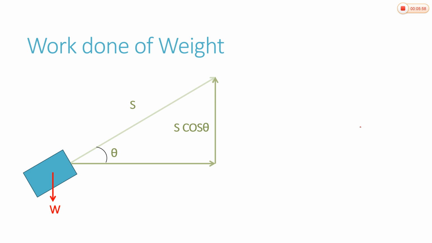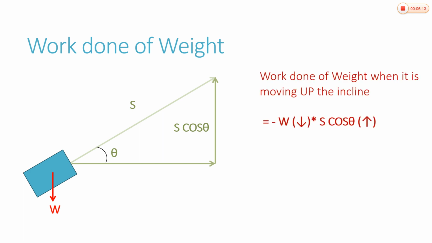So we resolve this inclined displacement into two components, and for the calculation of work done of weight we consider the displacement in the direction of weight. Here the block is moving upward, so the displacement is upward and the weight is acting downward. Both are opposite to each other, meaning the work done is negative, and its magnitude is W into the component of displacement in the direction of weight, so S cos theta into W, negative work done.